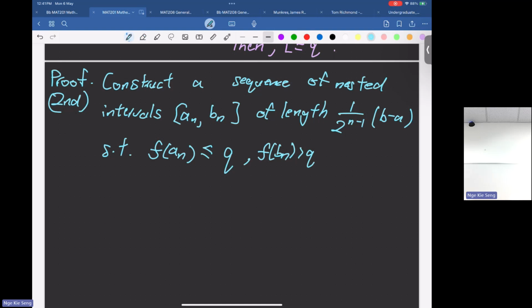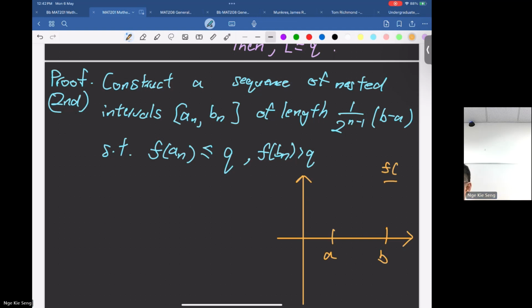Can you see what I am trying to do here? You have these A and B here. You have some points, F A and F B. And you're trying to reduce the interval, say A n and B n, such that the length of A n and B n is getting smaller and smaller.